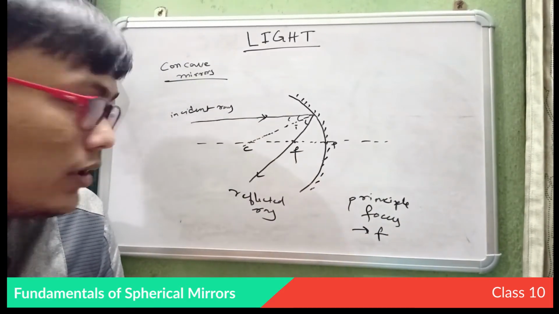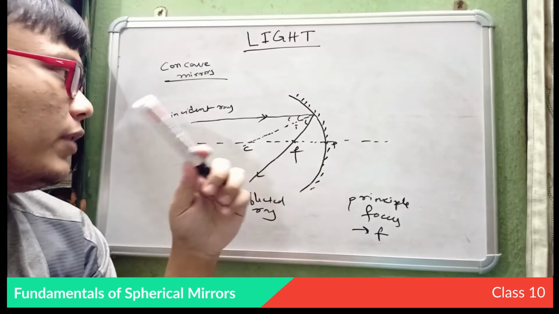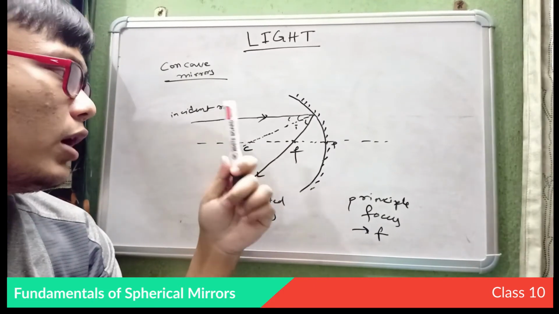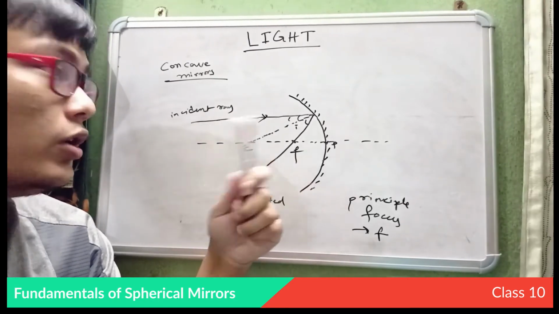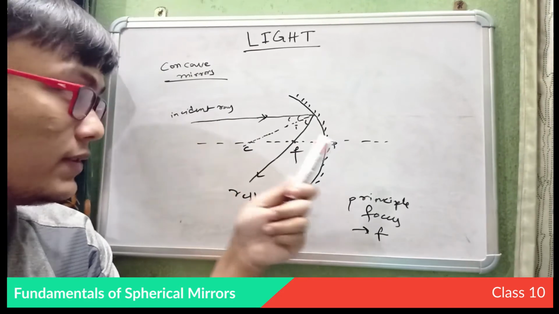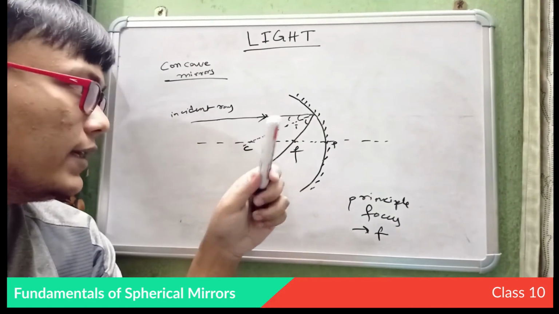The point where the reflected ray, we can frame it this way, the point where the incident ray after reflection from the mirror passes through the principal axis, that point is known as the focus or the principal focus. Okay, is it clear?